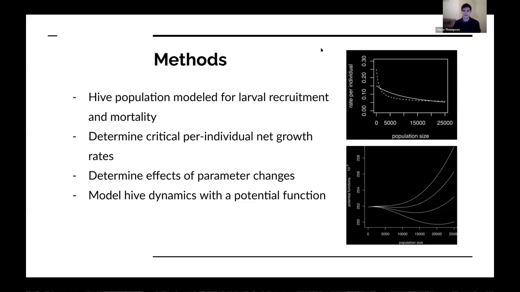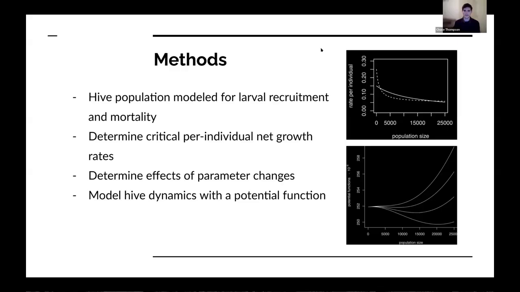This population graph and the parameters were then used to create a potential function, which represents the stability of the system. For a potential function, the wider and steeper the function is, the more stable it is.